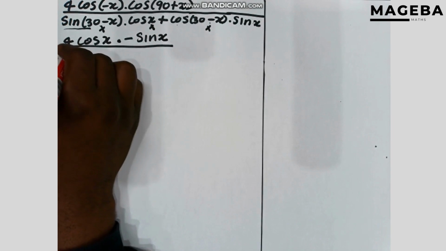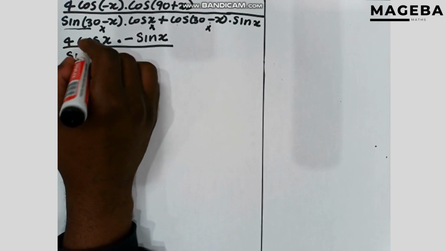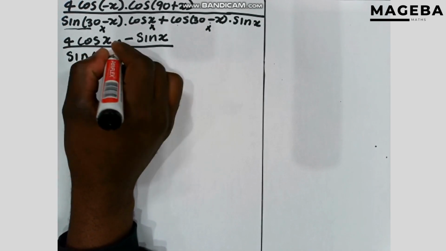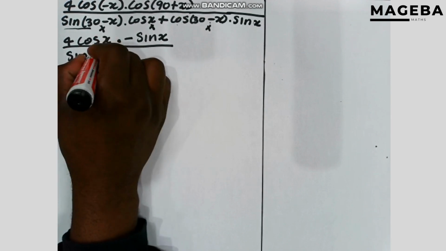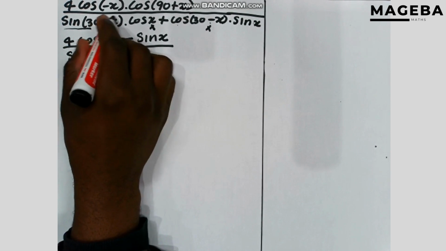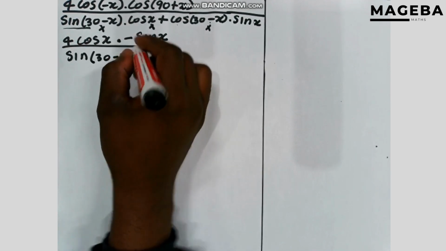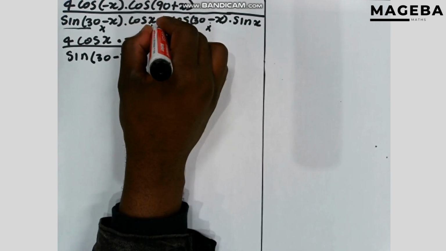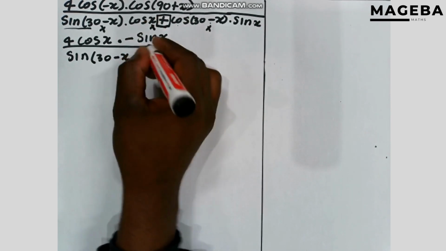So this one is the compound of a sine, where it's saying 30 minus x, which is the one angle, this one, and then since it's plus here, it's a positive one.